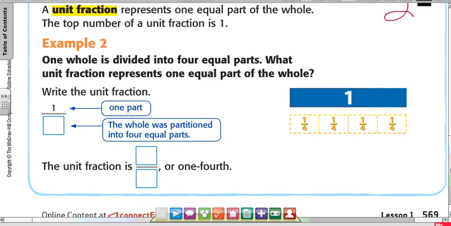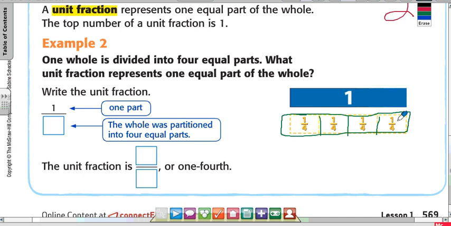Look at example number 2. It says 1 whole is divided into 4 equal parts. I want you to go ahead and trace this. So here's the whole, and it got divided into 1, 2, 3, and 4 right there. One of those sections is 1 part.